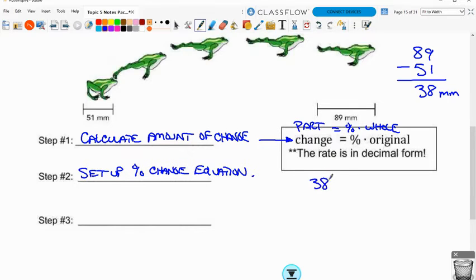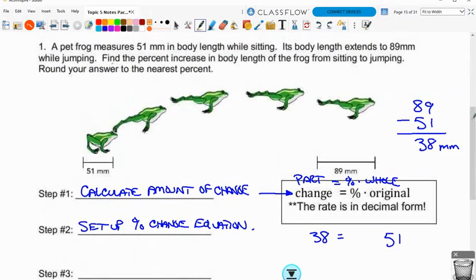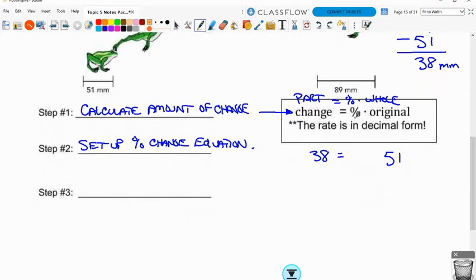So 38 goes in for the amount of change, equals the original body length we knew at the beginning when it was sitting, it was 51 millimeters. And if we reread the question, it says to find the percent. So we are looking for the percent in this example. We'll use the variable r for the rate. 38 equals r times 51.